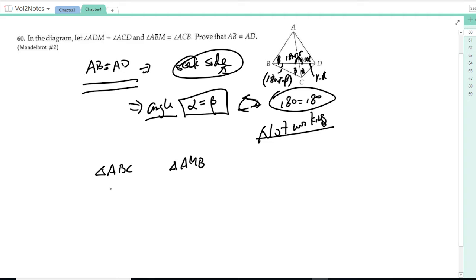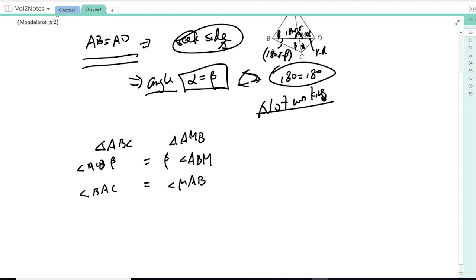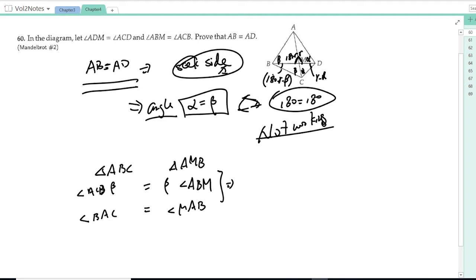We know beta is angle ACB, which equals beta, the angle ABM. Then we know the common angle, right? Angle BAC equals angle MAB, right? So now we can set up the similarity, by the AA rule, they are similar, right?